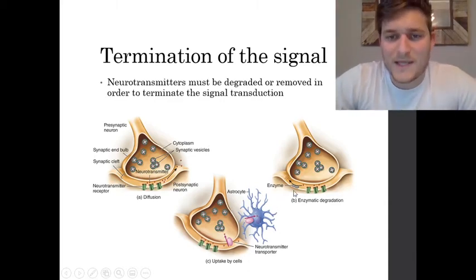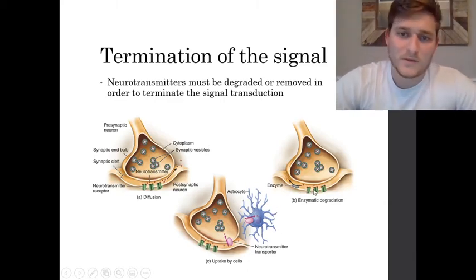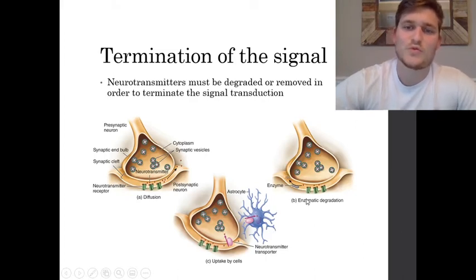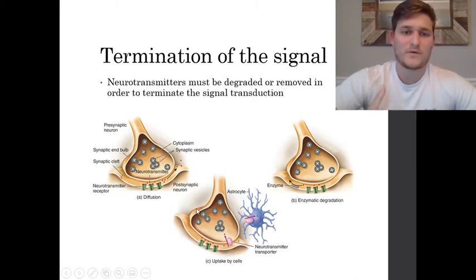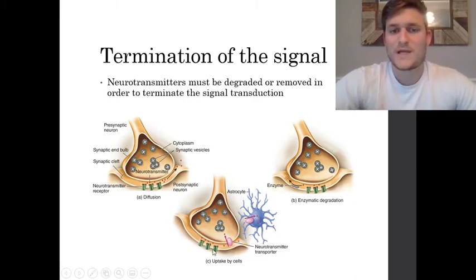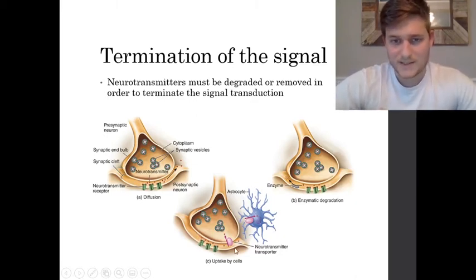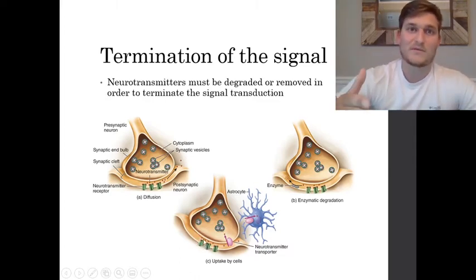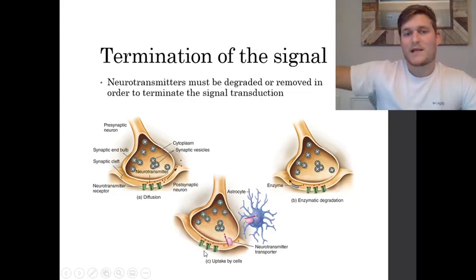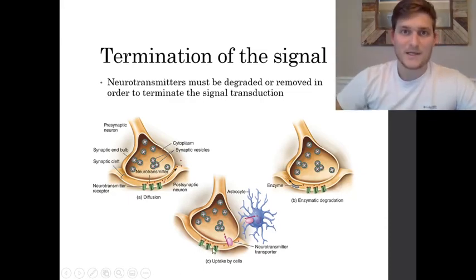We also have enzymes that can break apart neurotransmitters down to smaller particles. And then we also have reuptake or recycling of the neurotransmitter. But either way, no matter how you get rid of the neurotransmitter, once you get less concentration in that synaptic cleft, less is going to bind to the postsynaptic membrane of the next neuron, less will bind to receptors, thus terminating the signal.